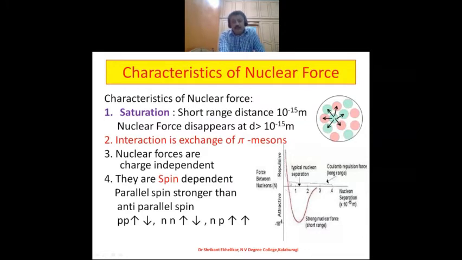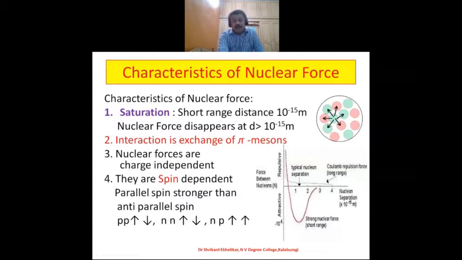You can see that when the two nucleons are in the nuclear range, up to 1 or 2 Fermis, the nuclear force is very strong. And if you go away, then it decreases.